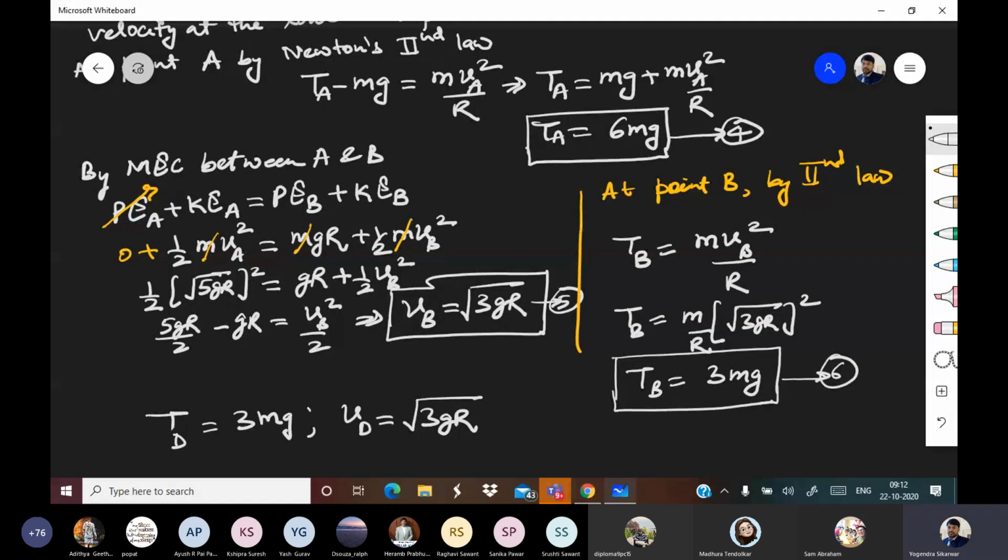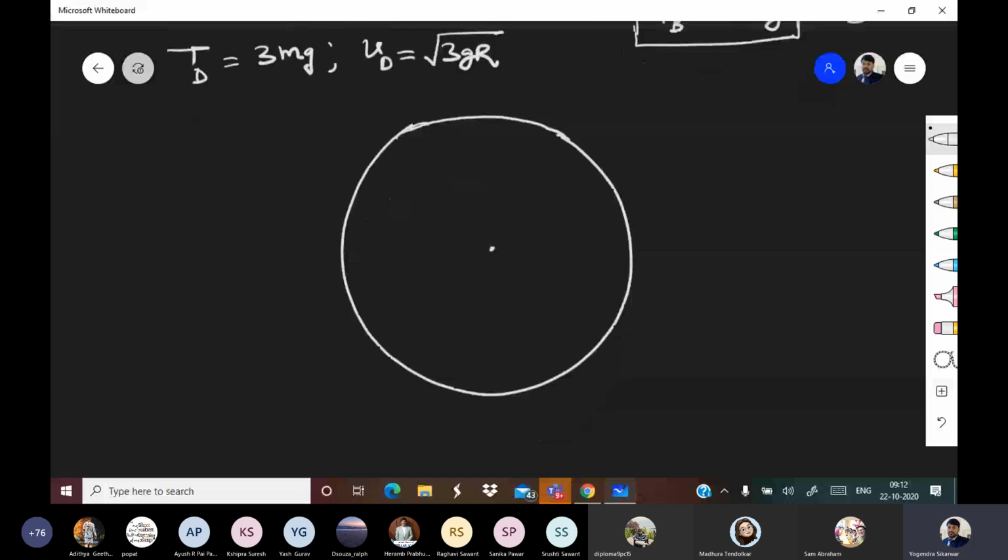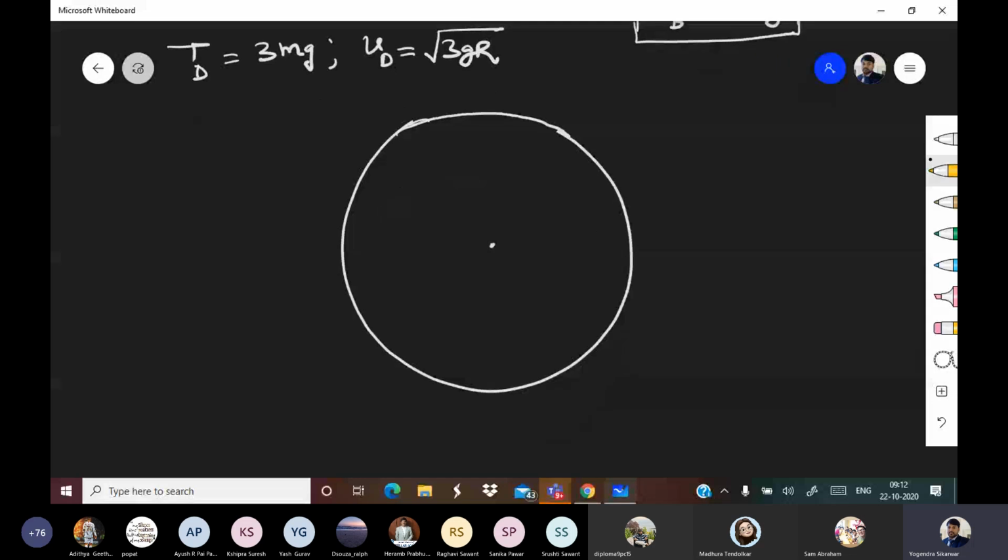Okay. So what I was telling you, if we summarize the motion in vertical circle, this point is A, this is B, this point is C, this point is D, and this is a string. Be very careful about words.